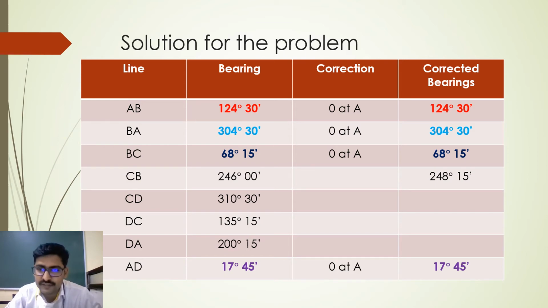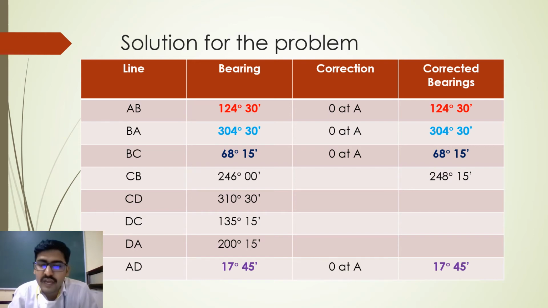So in the row of CB line, the corrected bearing is 248 degree 15 minutes. Look at the same row, there is an observed bearing written, 246 degree 0 minutes. So it is given in the problem, the observed bearing. What is the correct bearing? It is 248 degree 15 minutes. Observed bearing is lesser than the corrected bearing. So to correct the observed bearing, what do you need to do?